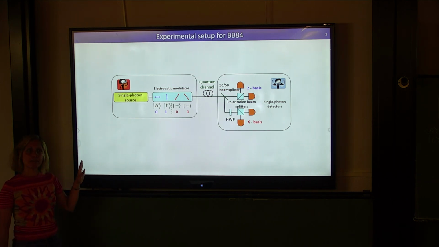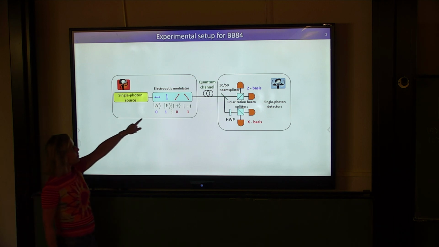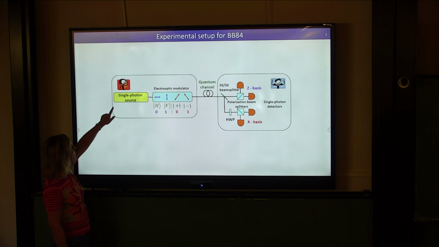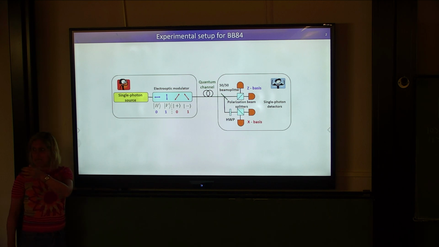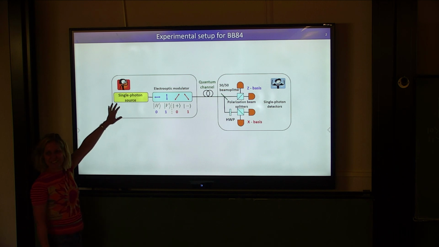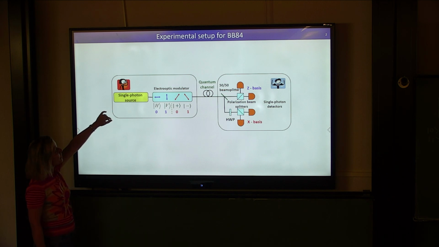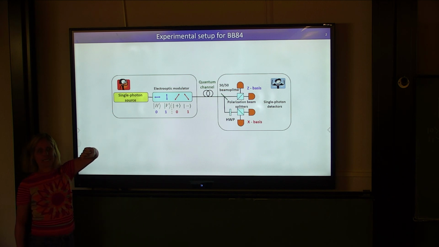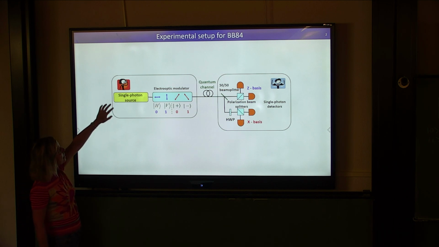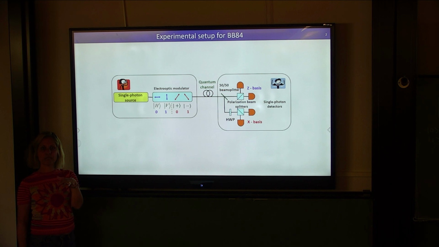So this is one example of an implementation of BB84. As I was saying before, you can also do everything passively, okay? For example, in the Micius Chinese satellite experiment, maybe Thomas will show that tomorrow, the qubit generator was four separate lasers, each one preparing one of the four polarization states, and then they were combined.